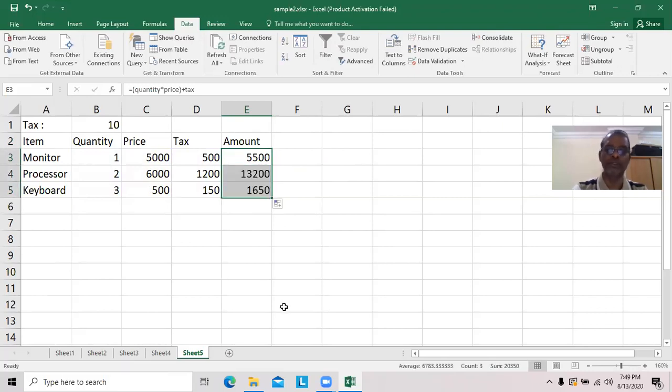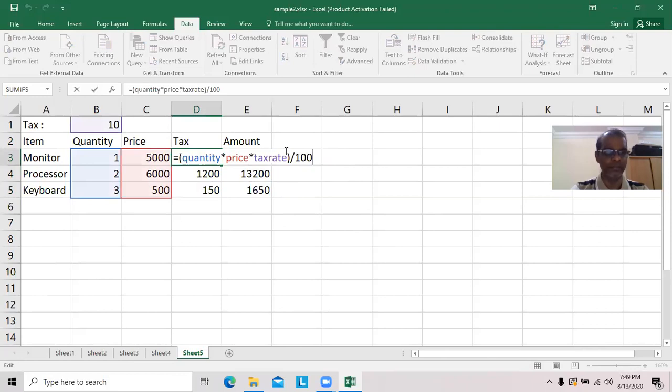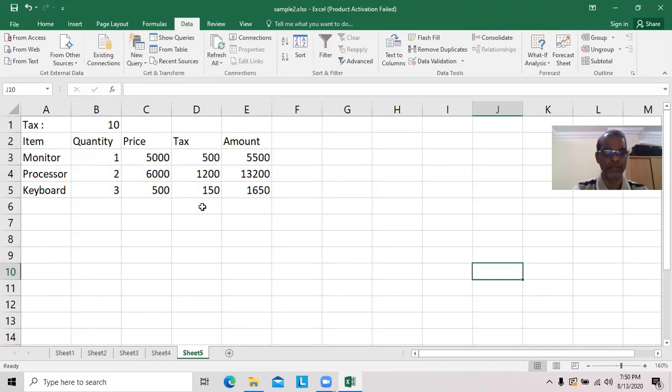I'd like to inform you that this named cell is used as an absolute cell reference. Here we are using only tax rate instead of $B$1. So whenever you drag it, instead of an absolute cell reference, we can use a named cell. Similarly, for these three values, E3 to E5, we can give one name, amount.